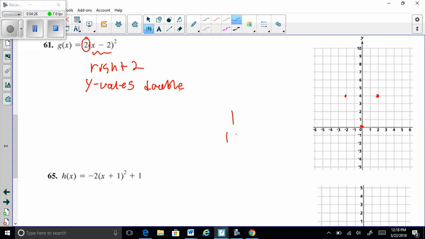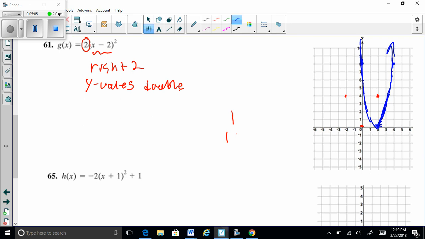Go to the right 2 and double up to 8. Go to the right 2, double from 0 to 0, so it stayed 0. Go to the right 2, my y value goes from 4 to 8, so my y value doubles. What happened was it shrunk it in horizontally, or you could think of it as stretching it vertically also, but it has the same effect. Your y values are taking off at a faster rate, so it squeezes the graph in a little bit and makes it a little bit narrower.